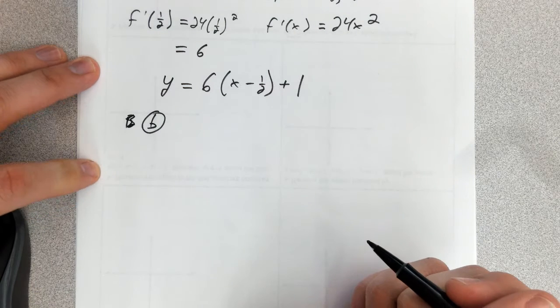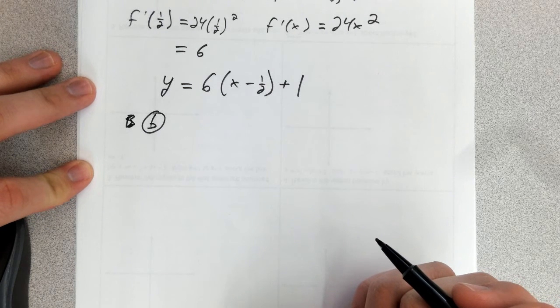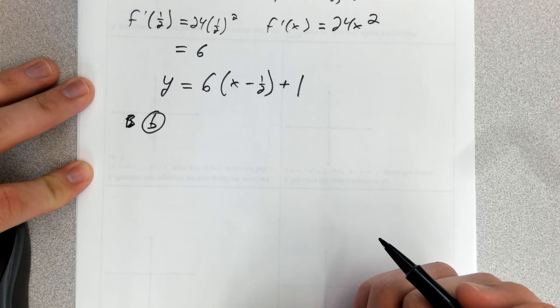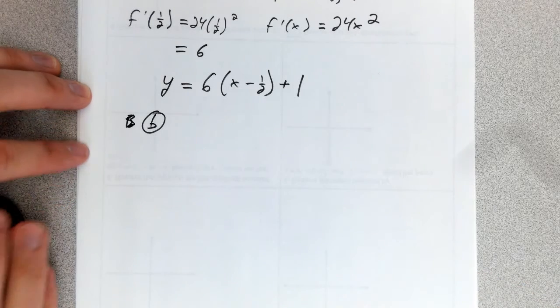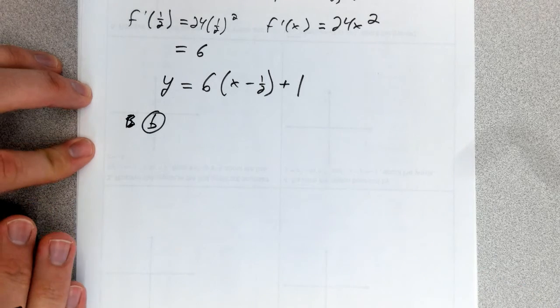All right, so for part B, it's just find the area, which is, we've got two equations in terms of x. There is one curve that is always above the other curve, so we can just do top minus bottom when we compute the integral, and we're going to have bounds in terms of x.